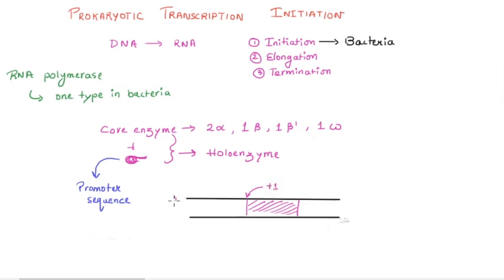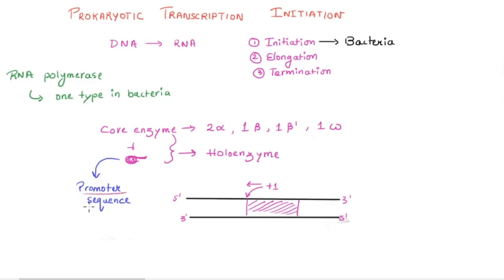And when we go towards the 5' end from this +1, that is towards this side on the left, the number becomes negative. That is -1, -2, -3, and so on.